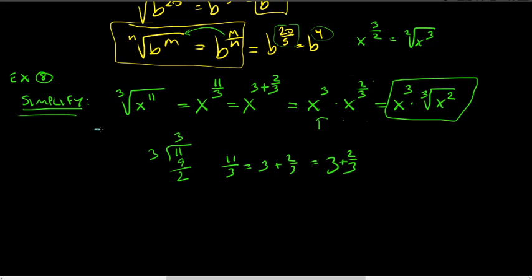Let me write it underneath here so we understand that. So this is x cubed times the cube root of x squared. That's the way to write the cube root of x to the 11th. So yes, this is simplified, and the cube root of x to the 11, this thing is not.